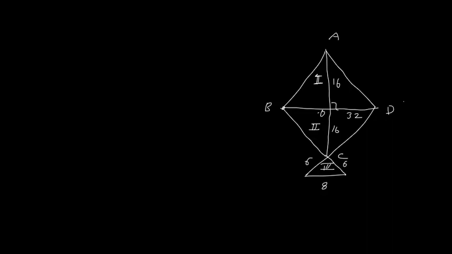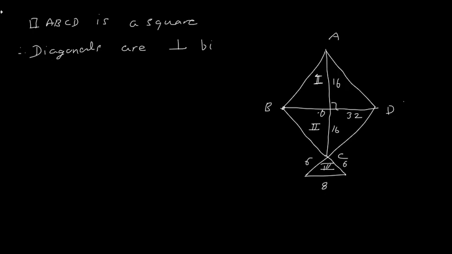So here I will say that ABCD is a square. Therefore the diagonals are perpendicular bisectors of each other. So therefore AO is equal to half of 32, which is 16 centimeter.